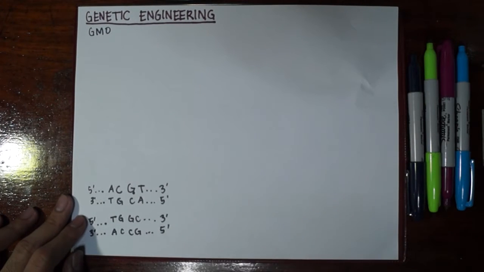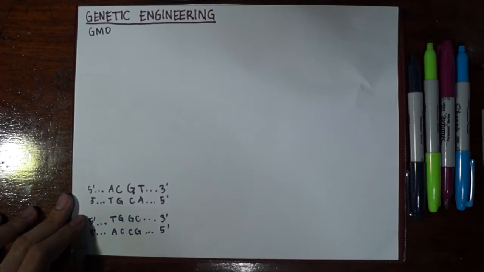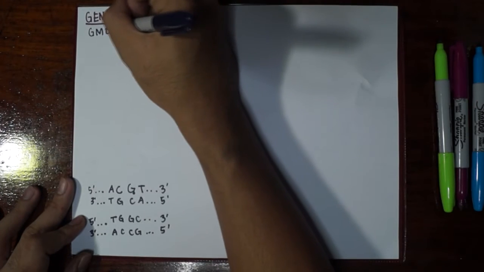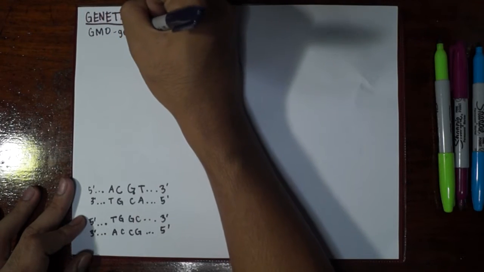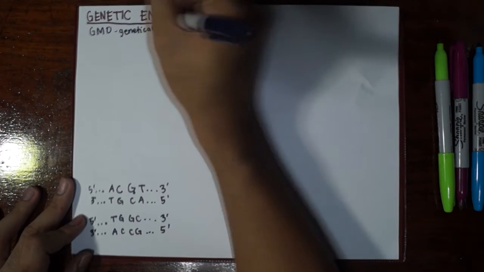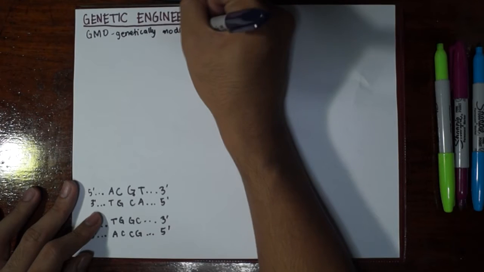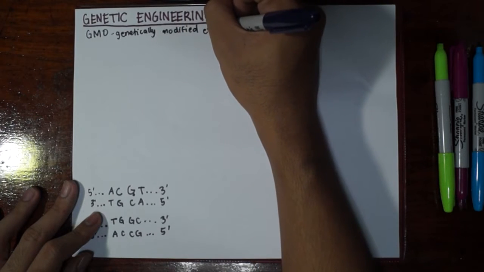And organisms that have undergone genetic engineering, species, so to speak, are known as GMO, or genetically modified organisms. So these genetically modified organisms have certain traits that are desirable for us for nutrition or for economic purposes.